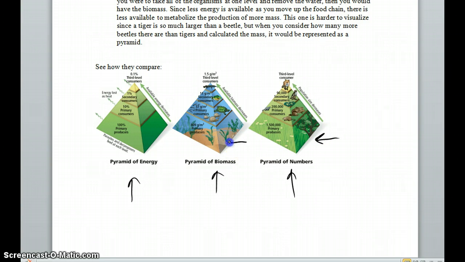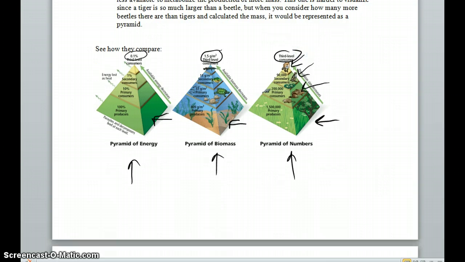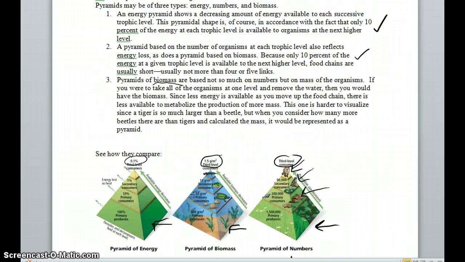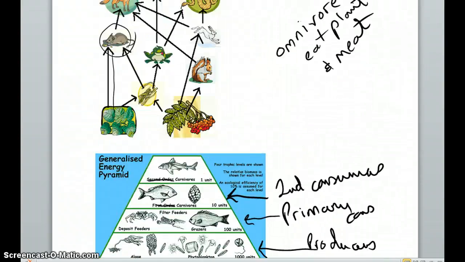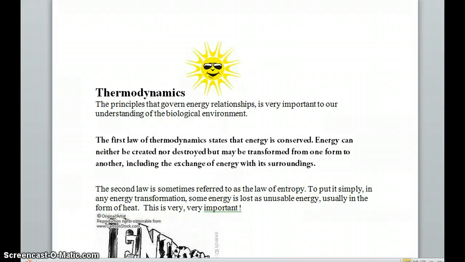You're going to have your producers on the bottom, and your primary consumers are going to be on the next level, and then your secondary consumers and third level or tertiary consumers. It's just what you're using to measure is going to differ in each one. So we're going to be working with this information in our next class, and if you find it necessary to go back and review all of this, you can do that.